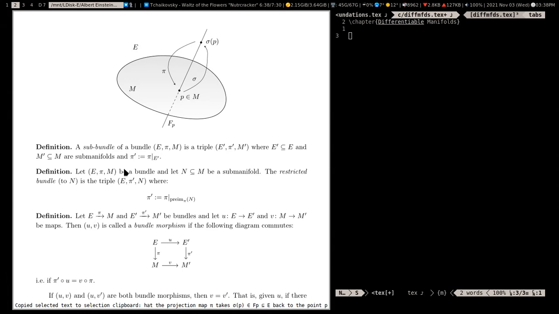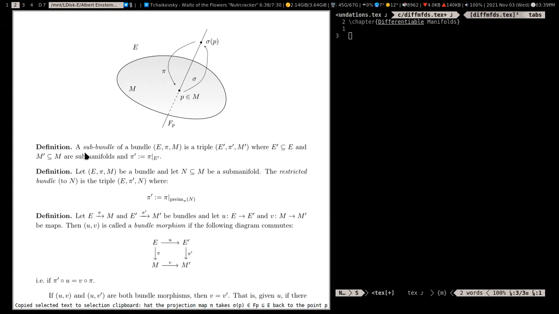Then some more definitions. A subbundle of a bundle is another triple where the new total space is going to be a submanifold of the original, the new base space is going to be a submanifold of the original manifold, and the new projection map is just the original map restricted to this submanifold of the total space, right?